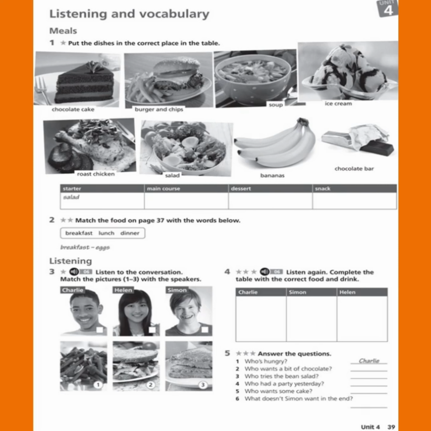Well, maybe. What have you got? I've got a bean salad. It's really nice. Would you like to try it, Charlie? Okay, I'll try a bit. That's really good, Simon. And I've got some orange juice. And I've got an apple. What about you, Helen?